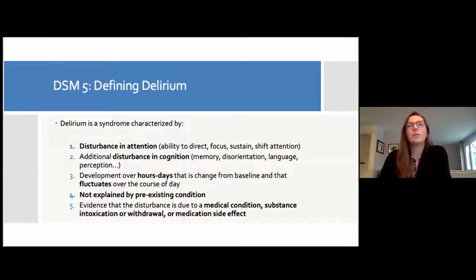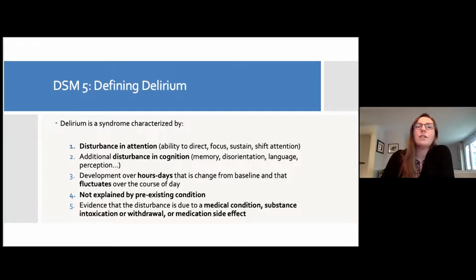So let's talk a little bit about delirium. First, delirium is a syndrome. It's characterized by 5 different elements in the DSM-5. Disturbance in attention, a disturbance in cognition, development over hours to days that fluctuates, and that's a change from baseline. It cannot be explained by a pre-existing condition.